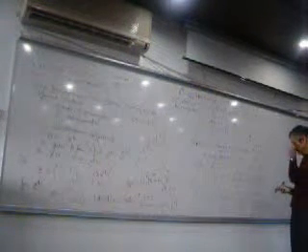D1 minus 2D2 equals 2. And from here, if you solve the two together, you should get D1 equals minus 4 over 3, sorry, check, and D2 equals minus 5 over 3.